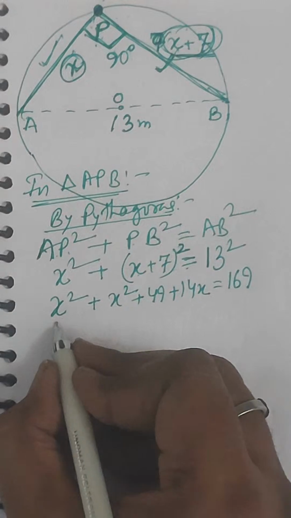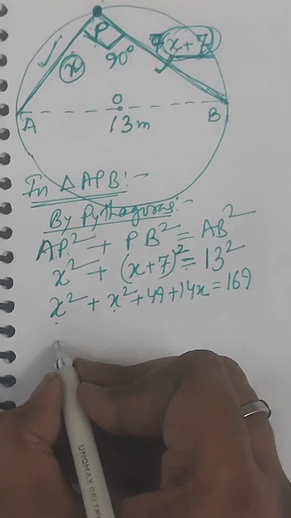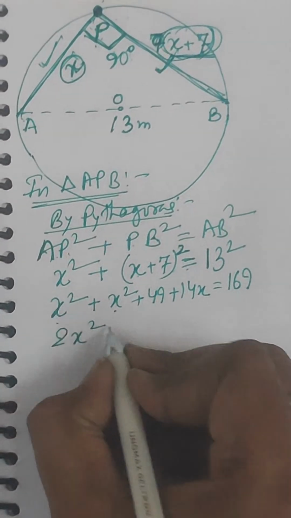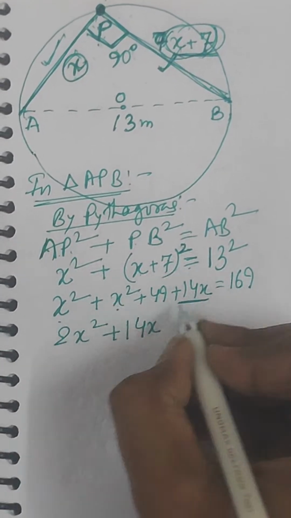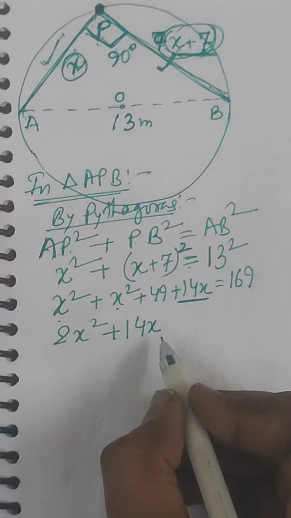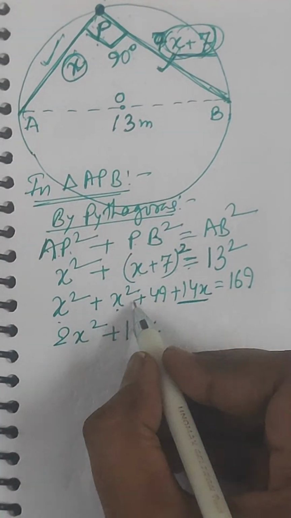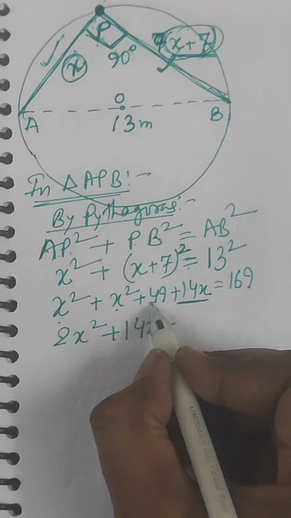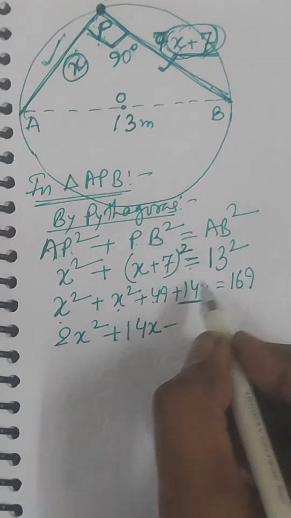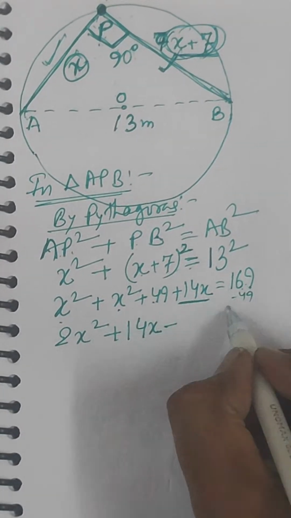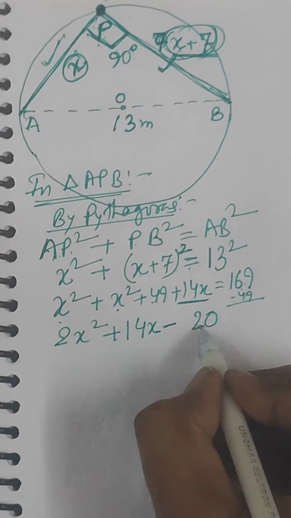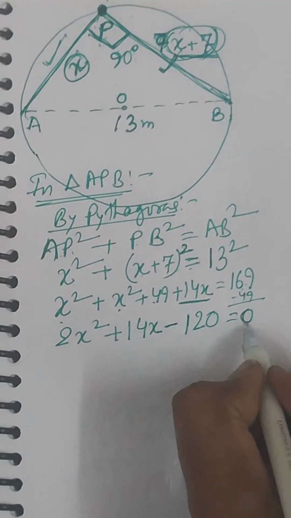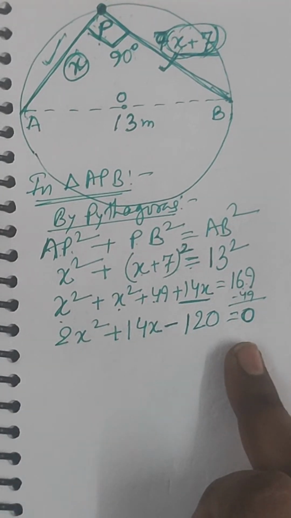Now x square plus x square will give you 2x square, plus 14x. Arrange in descending order of the variable, plus 49 and minus 169. That means 49 will be subtracted from 169, and we have with a minus sign 120. This is the equation which is formed.